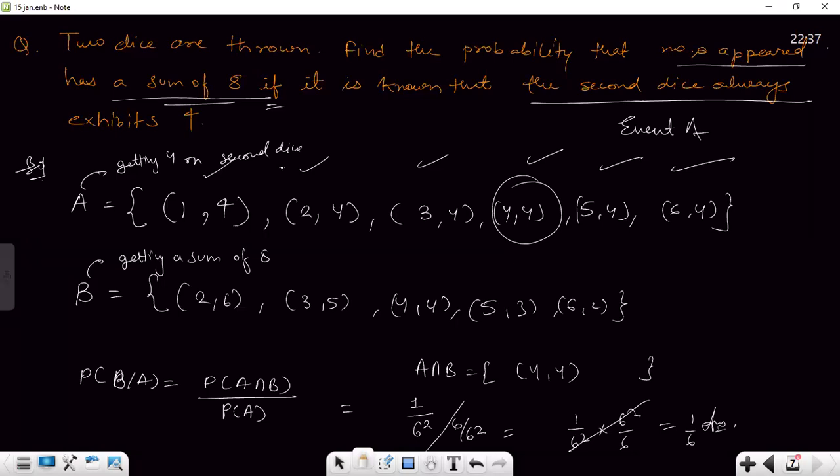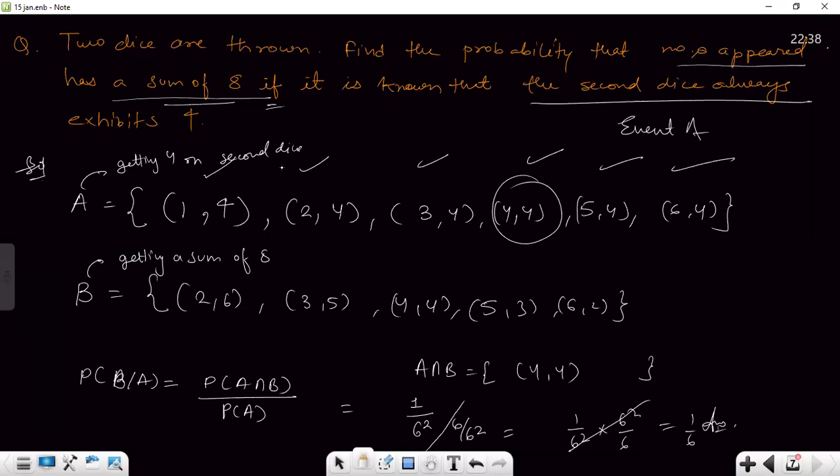So we have considered the probability of occurrence of events A and B simultaneously, having a sum of 8 and getting 4 on the second dice. That's the only single element, 4, 4, which is there in the set. 1 divided by the total number of cases. Total number of cases when 2 dice are thrown is 6 square.